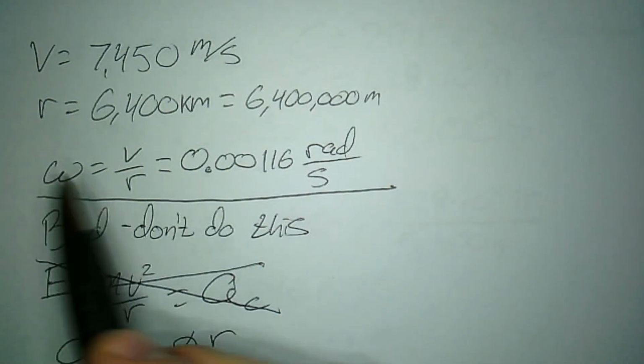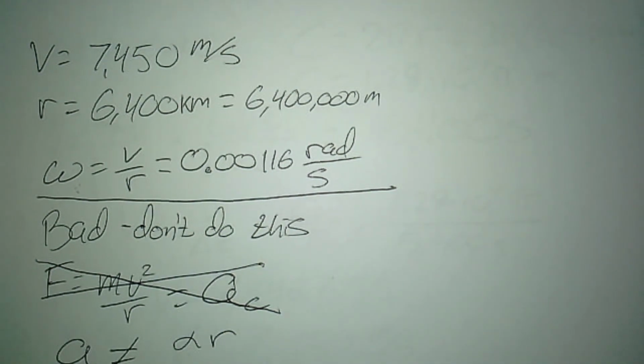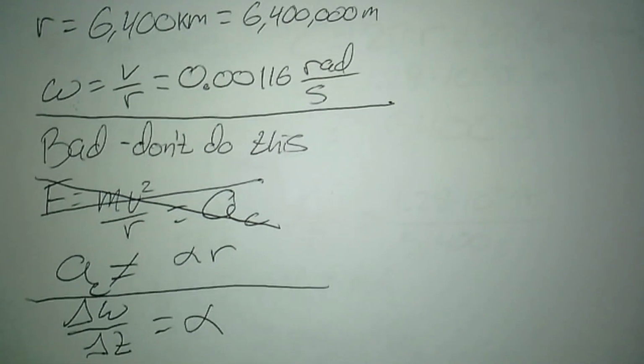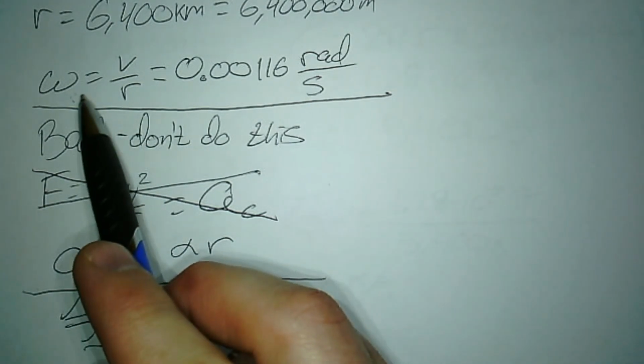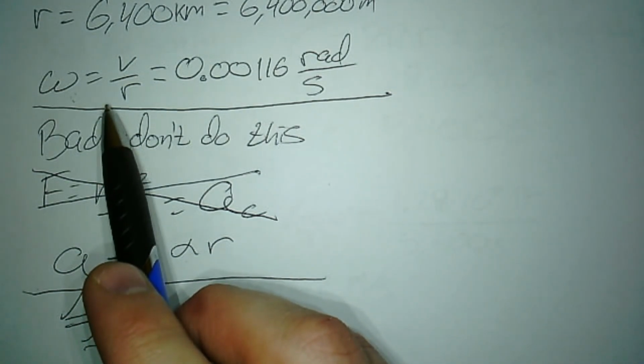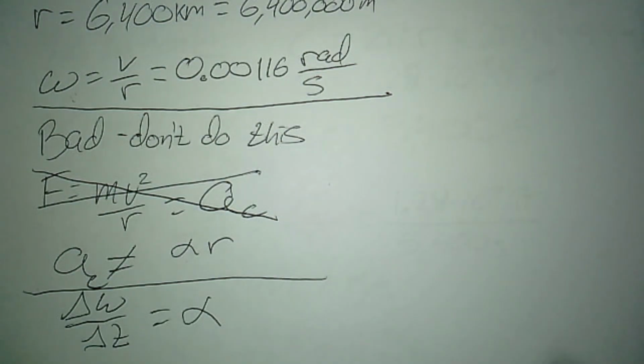So since I'm in uniform circular motion, I know this omega is actually going to be a constant, right? Oh, I didn't get that last line in there. There we go. I know that this omega is actually a constant because it's uniform circular motion. There's no reason it should be changing with the same force always.